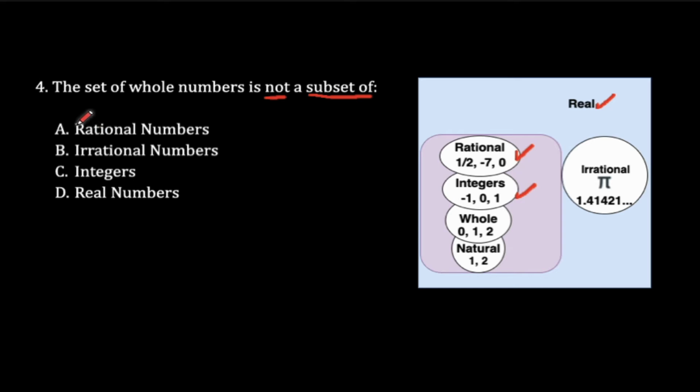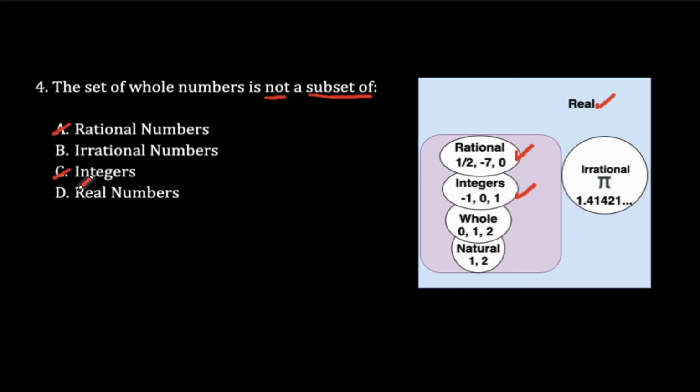So let's eliminate answer choices right off the bat. We know that rational numbers are a supersets of whole numbers, so that's not answering the question of what the set of whole numbers is not a subset of. So let's eliminate answer choice A. Let's eliminate answer choice C because we know that whole numbers are a subset of integers.